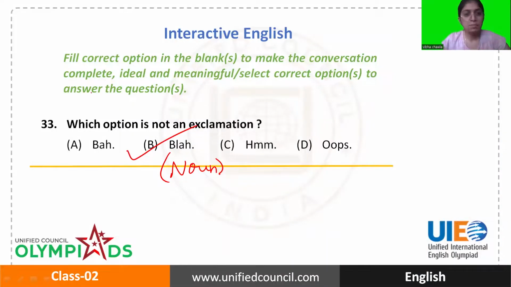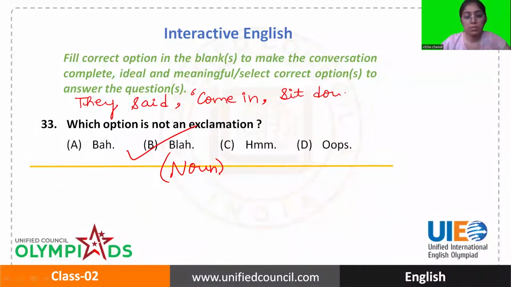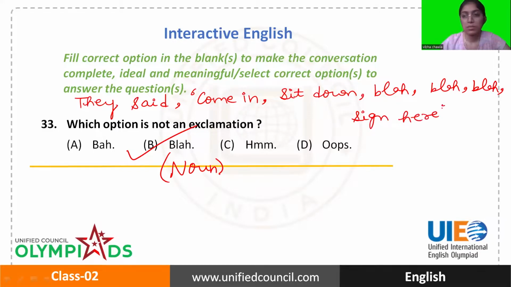For instance, they said, come in, sit down, blah blah blah, sign here. You see? Blah blah blah. So it's a noun. Rest all are exclamations.